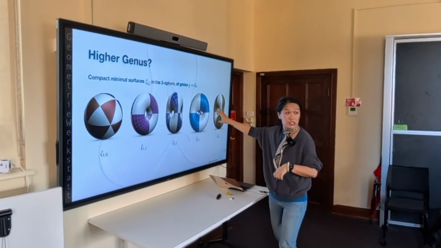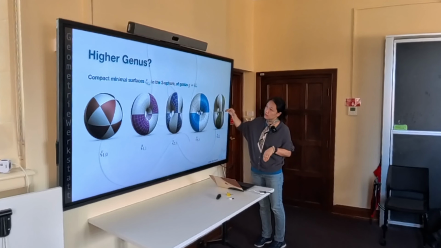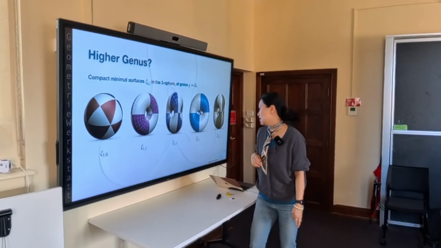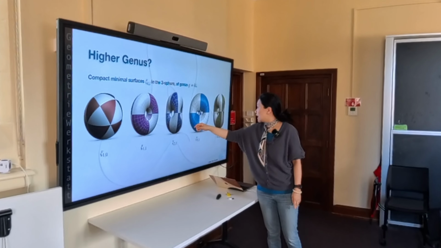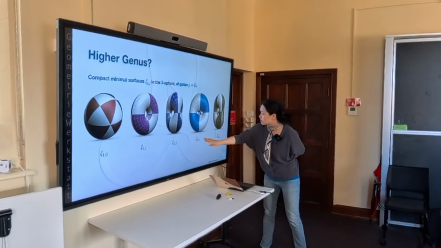These are so-called Lawson surfaces. They were discovered by Lawson in 1970. Okay? And so you see the sphere. You see the Clifford torus. This is a genus 2 surface. And these patches are symmetries of the surface in S3. So this is 3-1.